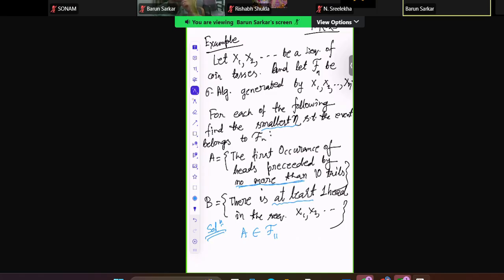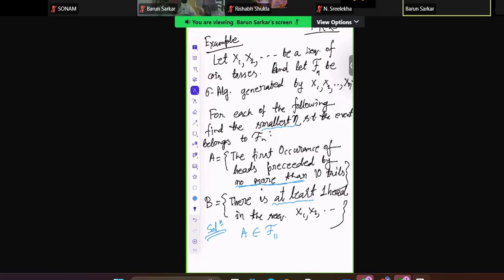When I say in the first one A belongs to F11, the event is guaranteed in F11. It may happen in F1, F2. What you told is correct, but my event is no more than 10 tails, so at maximum you have 10 tails and then you have a head. So I told that A belongs to F11. Similarly, B belongs to F1.